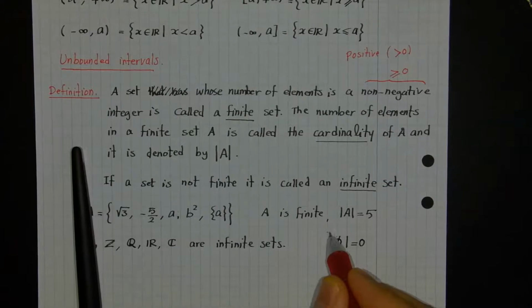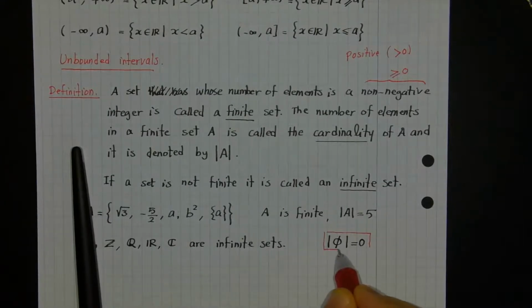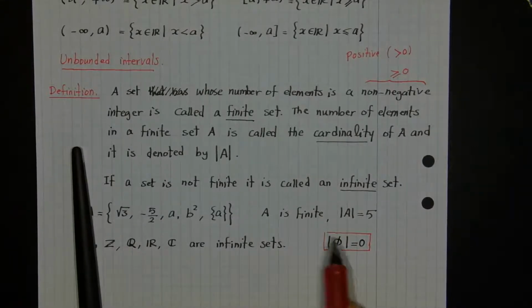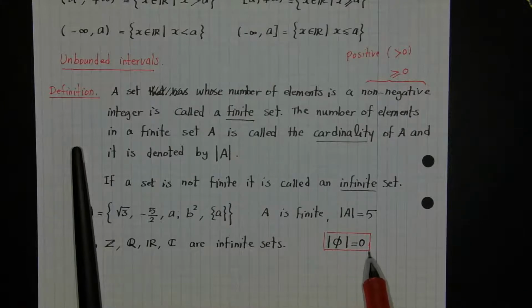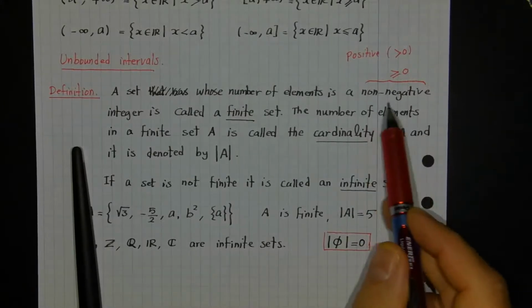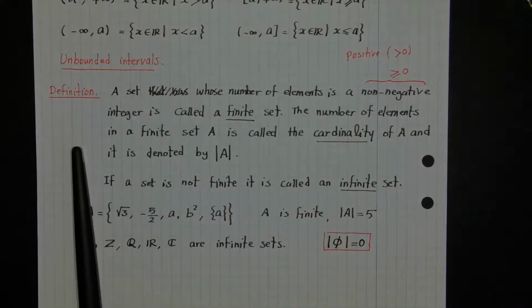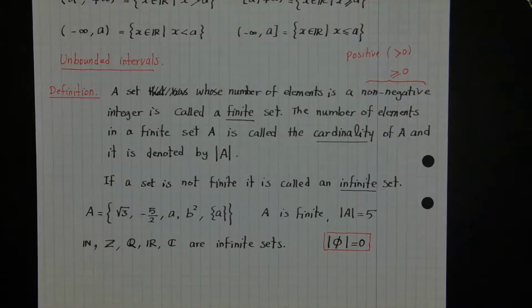So this is the extreme case, because the cardinality of the empty set is 0, and the empty set is categorized under the finite sets. There are no elements inside the empty set, so the cardinality is 0. 0 is a non-negative integer, so this is a finite set. That's also good to know.